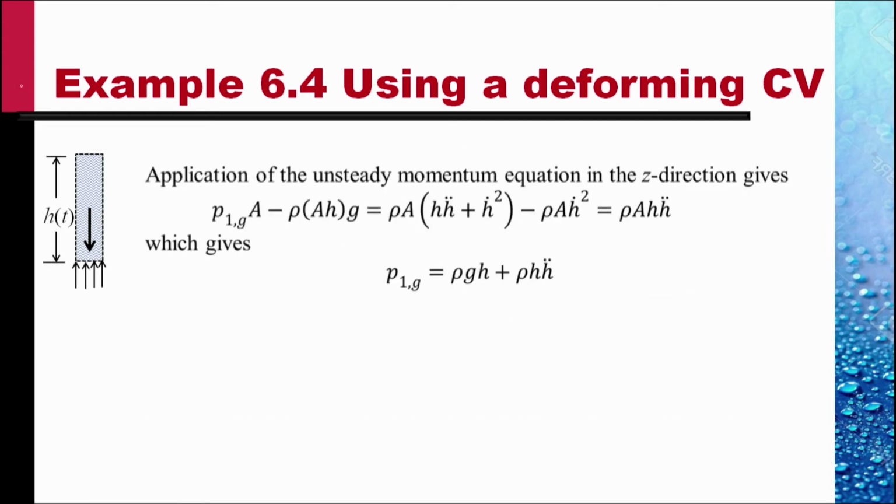Putting the two together, we get pressure 1 gauge is rho g h plus rho h double dot. Rho g h is purely the hydrostatic pressure, and to this is added a pressure rho h double dot, the acceleration of the level h. Since h double dot is negative, this is negative.